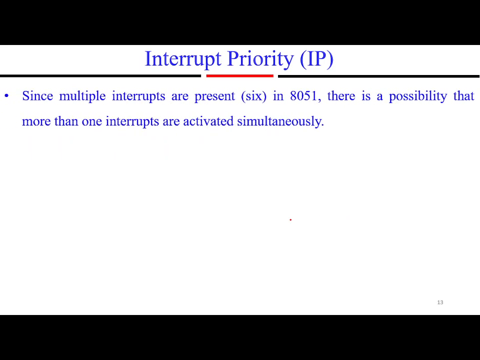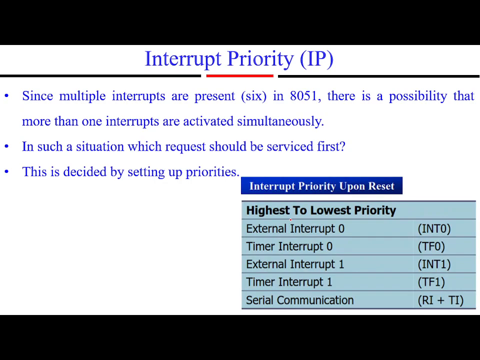There is one more term that comes under the interrupt title, that is interrupt priority. As I told in the beginning, 8051 has either 6 interrupts or 5. When we count RI and TI separately, then we have a total of 6 interrupts, and there is a possibility that more than one interrupt is activated simultaneously. In that case, which interrupt should be serviced first? So 8051 has a priority, you can see here.